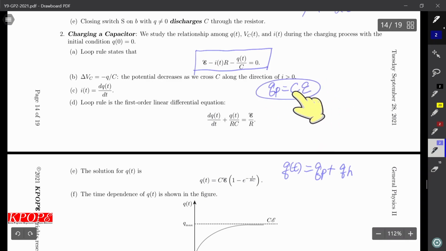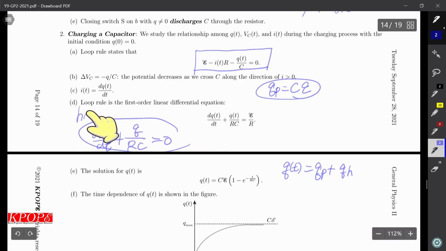Now, next we consider the solution for the equation with Q over RC equals 0. This is a homogeneous equation. The homogeneous equation has a solution. This is a first order equation.